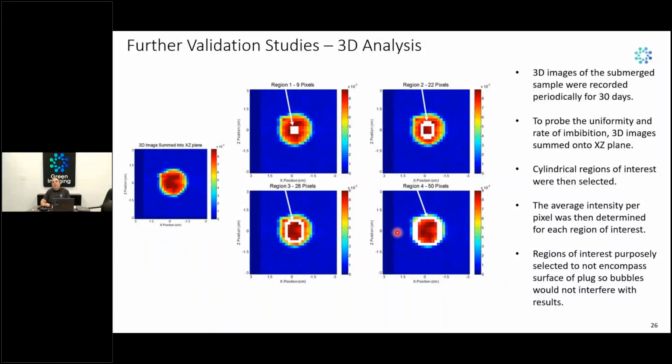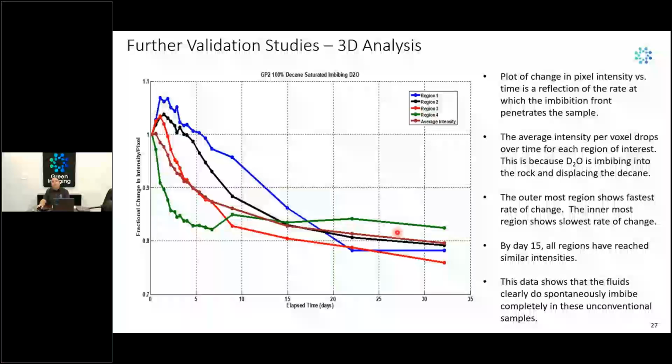And ideally, this should show that over time, all these regions should see the same decrease in intensity. And this would ensure that, yes, the imbibing fluid is fully penetrating the rock. And that's exactly what I saw here. So region 1, which was the innermost region, took the longest time to stabilize, whereas region 4, the outermost region, took the least amount of time to stabilize.